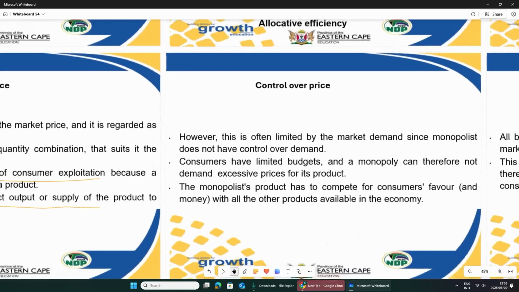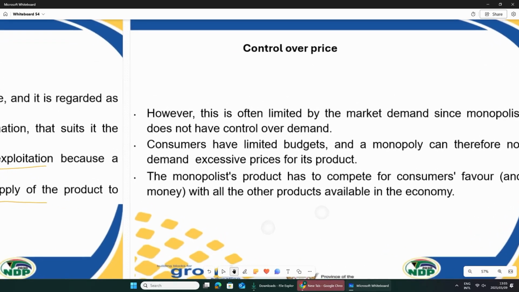Once they reduce the quantity, they can increase the price. That's what we mean by exploiting consumers. Then consumers will have to buy the product at a higher price. However, like I said, it's not always the case.